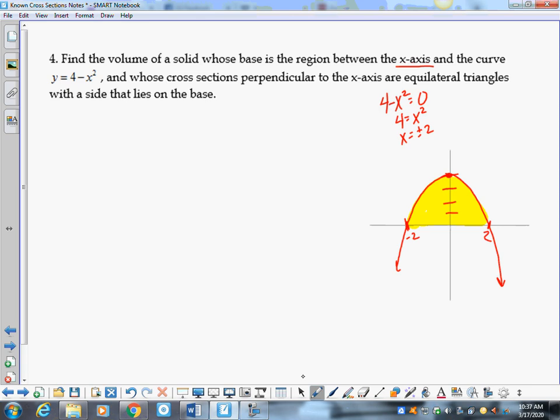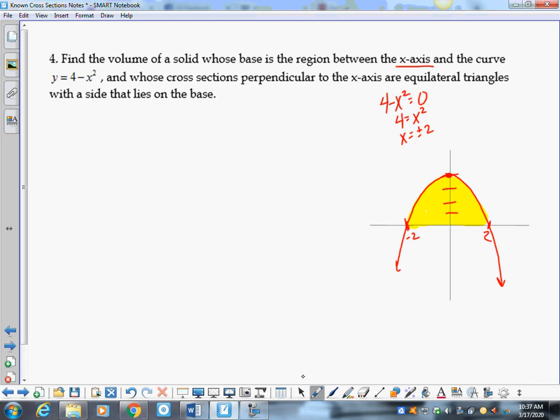Part B, I could ask you for the volume rotated around the x-axis. Part C, I could ask you for the volume rotated around a different axis. And then part D, I can ask you to find the volume using cross sections. So this is such a big, powerful topic that they can put into an FRQ. So this is something you want to make sure you have a good foundation and a good grasp on.